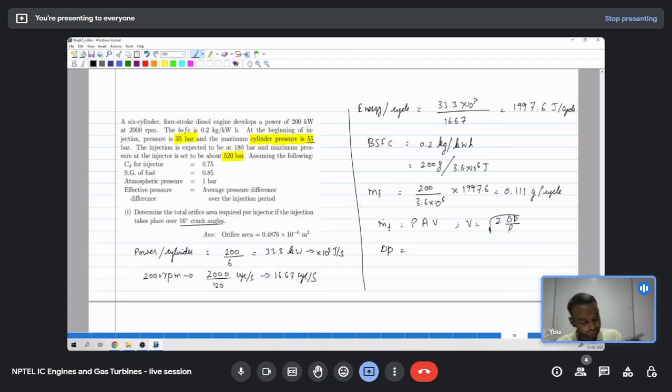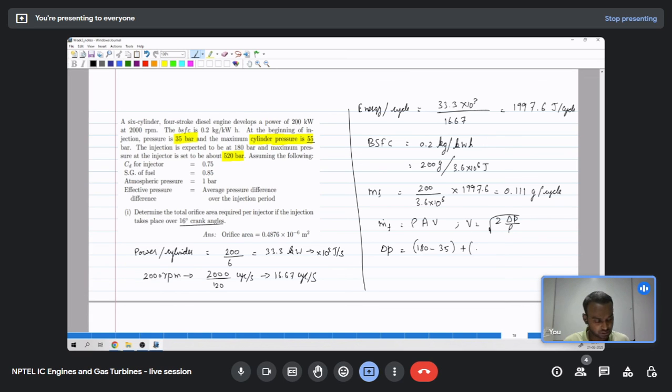That means initially the pressure difference is 180 minus 35, right? Because initially the injection happens at 180 bar, and the pressure of the cylinder at the beginning of injection is 35 bar.